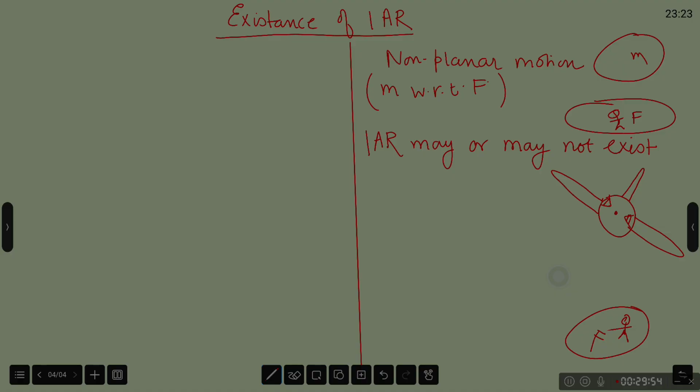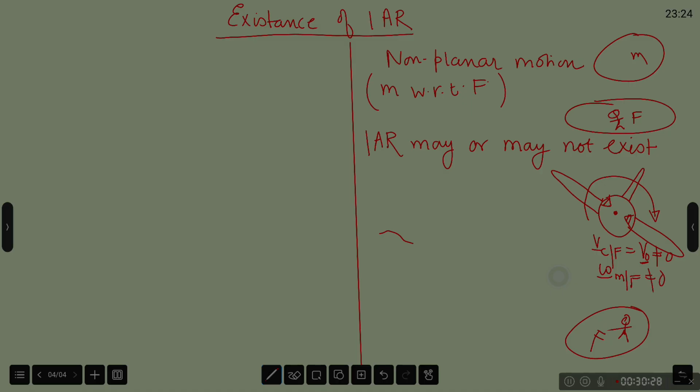Now this aircraft is having a motion such that its center of mass is having some velocity v0 not equal to 0, and at the same time suppose it is having some angular velocity also not equal to 0.